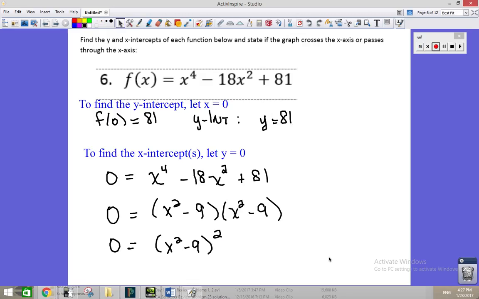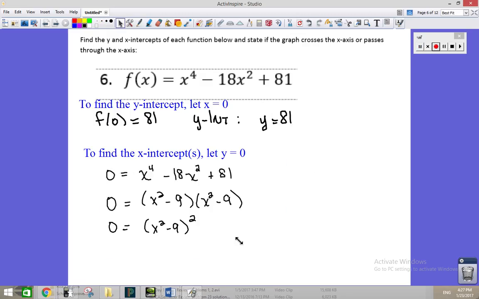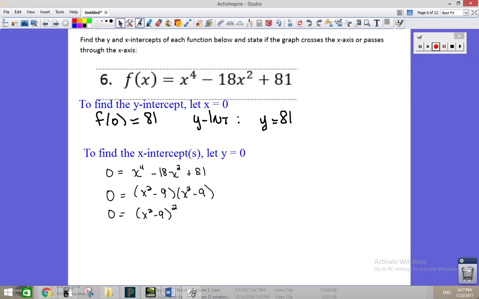And now I need to factor x squared minus 9. So I can't forget about this 2 out here. x squared minus 9 factors to x plus 3 times x minus 3.